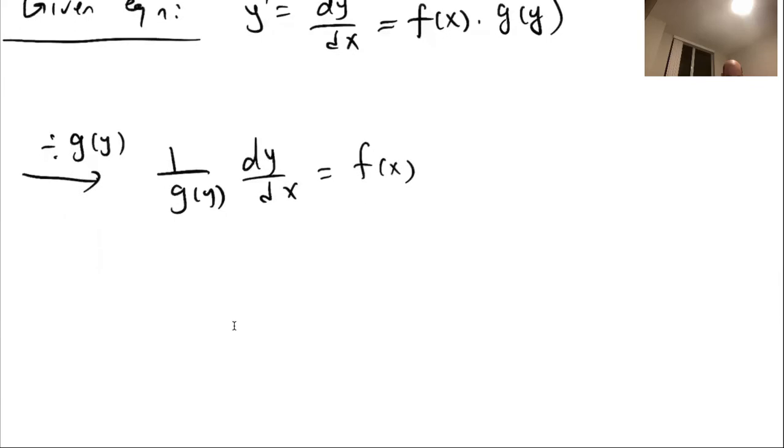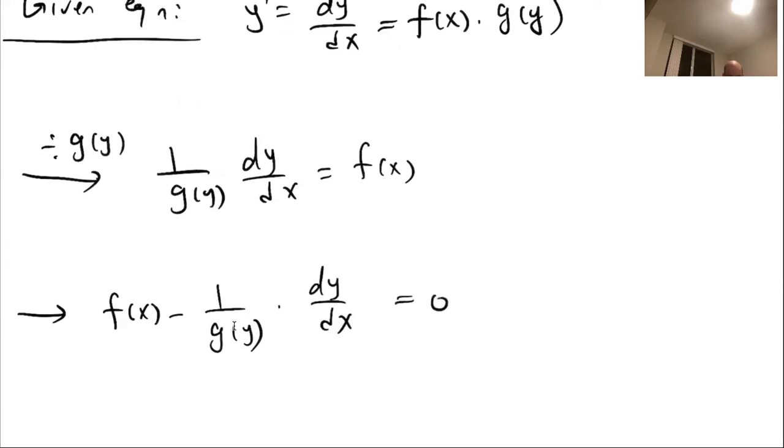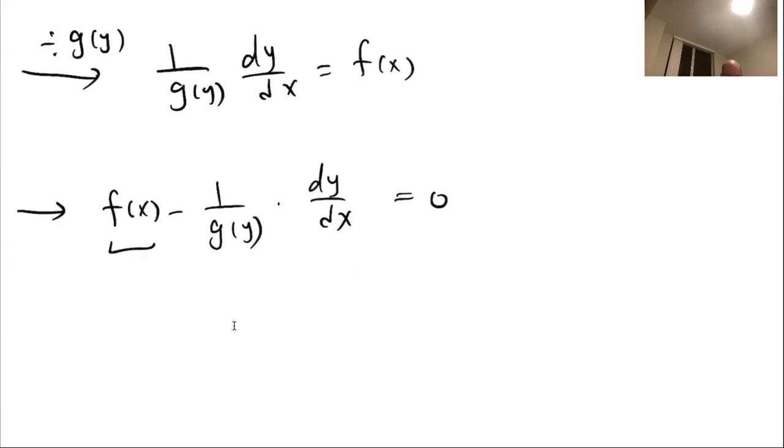And if I take this term to the other side, f of x minus 1 over g of y times dy over dx equals 0. Now this is my M and this is my N.